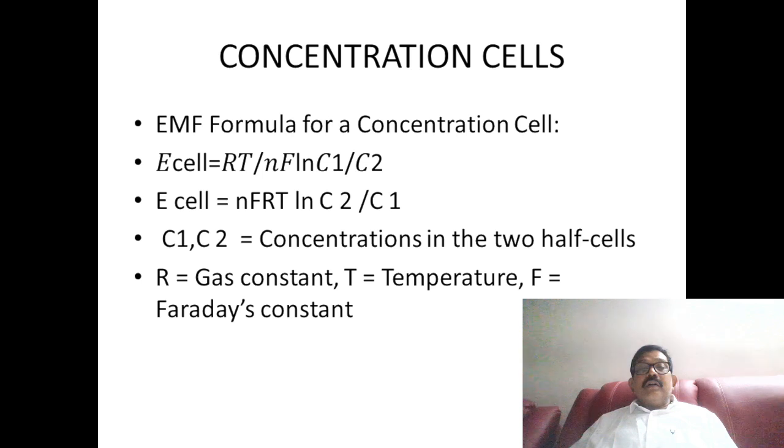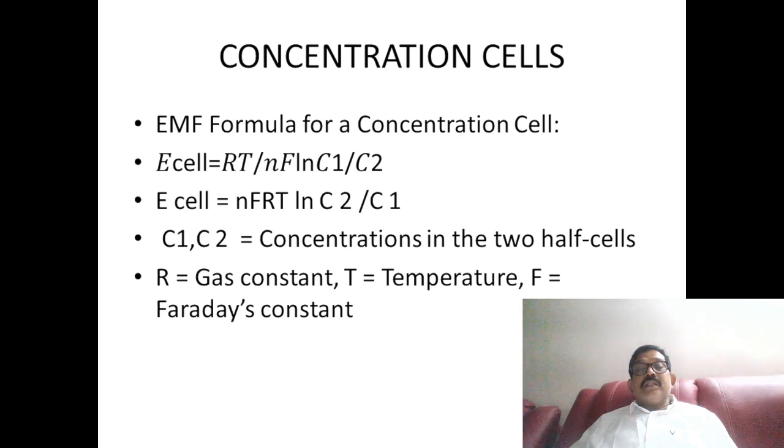So come to the EMF of a concentration cell. EMF means electromotive force. In other words, the unseen force which motivates the electrons to move is called electromotive force. So the electromotive force is equal to RT by nF into log of C1 by C2.